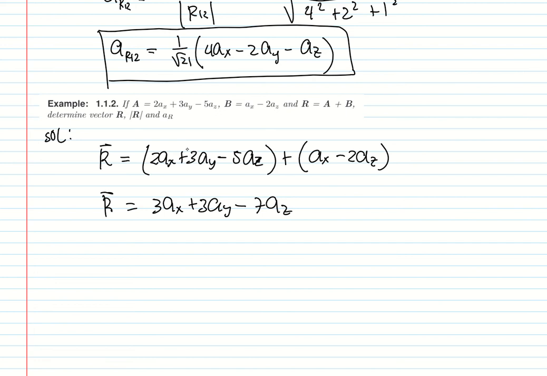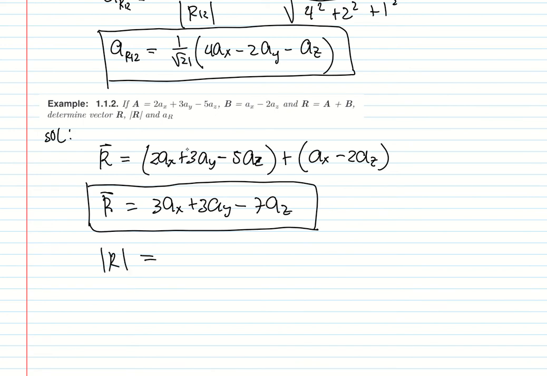7az. And this is now our vector r. Then for the magnitude of r, again, this is equal to the square root of 3 squared plus 3 squared plus 7 squared. And this is actually equal to the square root of 67.